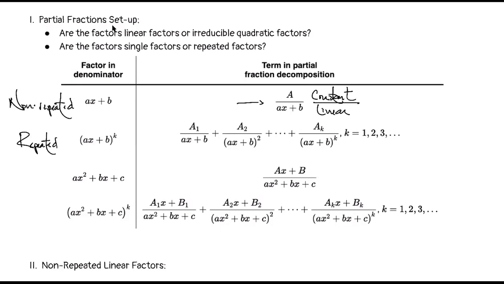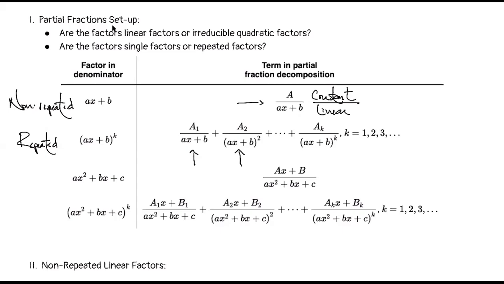So if you have a repeated linear factor, if it shows up 2 times, then what we need to have is one linear factor, so A over ax plus b, and then we repeat the factor. So if it shows up a second time, we write the linear factor to a second power, and we need a different constant on the top, okay?